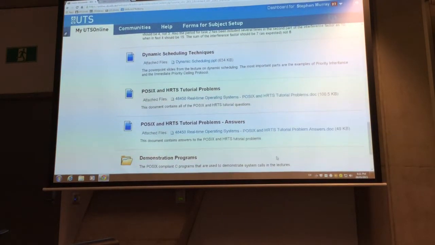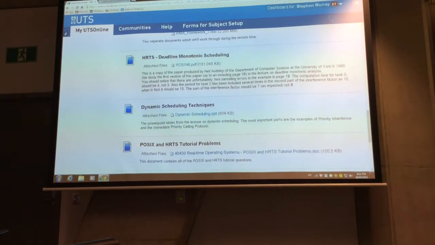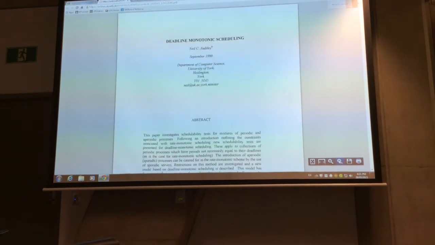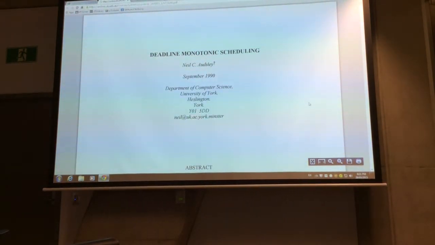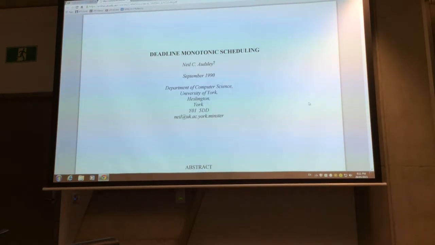Okay, so that takes us to, yes, this one. This is the paper I was telling you about last week. We're going to have a bit of a look through now at deadline monotonic scheduling. This is a generalisation of rate monotonic, where we've got pre-period deadlines now, by a fixed amount.